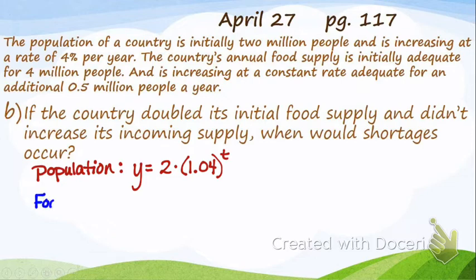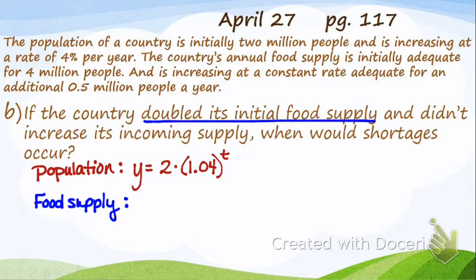So what about the food supply? What are they saying they're going to do? Double the initial food supply. So it would be enough to feed 8 million people. But they're not doing anything to change the incoming supply. This is the rate that they described.